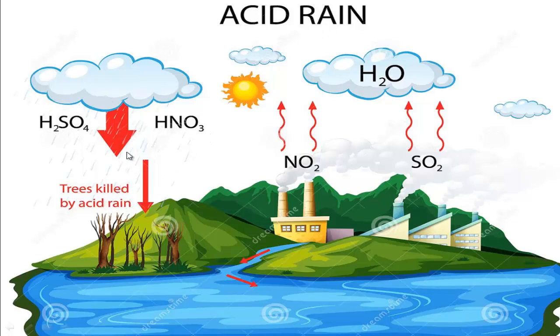And this acid rain actually has a great harmful effect on the environment. Follow here, trees are killed by acid rain.